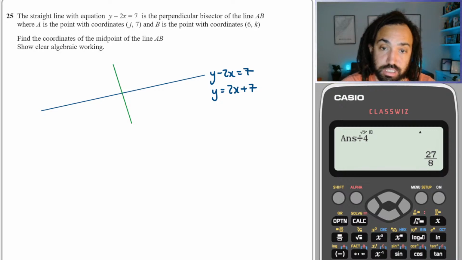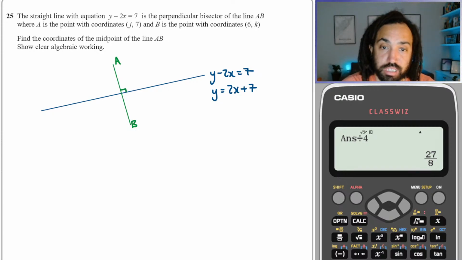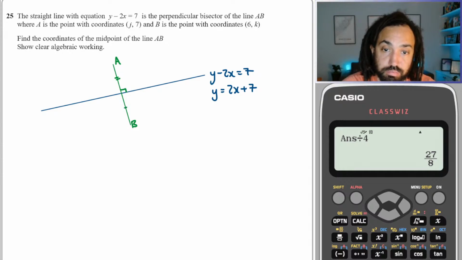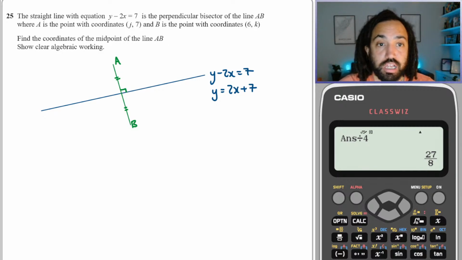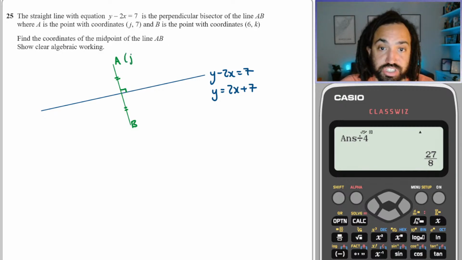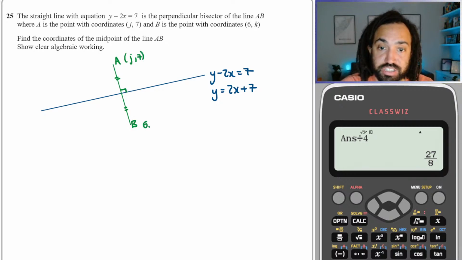So let's say this is just AB then. That's A there, and that's B. And if it's the perpendicular bisector, that's a right angle, and these two sides are the same length. Okay, so we know A is (j, 7), and we know that B is (6, k).